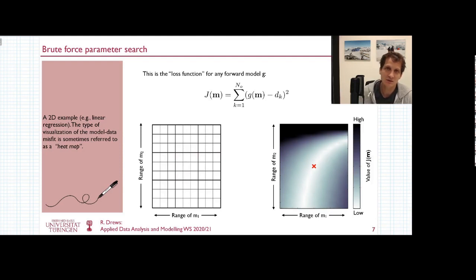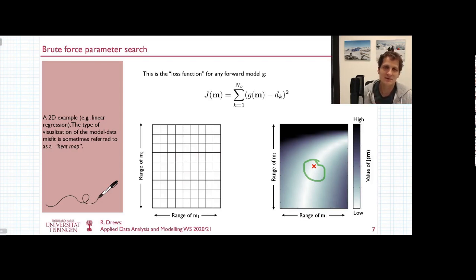So dark colors indicate a larger model data misfit, lighter colors indicate a lower model data misfit, and in this brute force attempt, I would just take the lowest model data misfit that I found, and I claim that this is my optimized forward model. Is this very smart? Not at all, but in some cases it works. However, not very many. So let's briefly discuss one problem of this method before we discuss all of them.